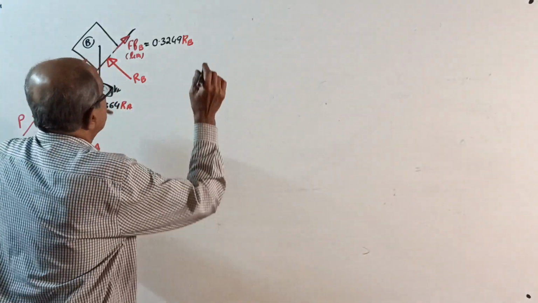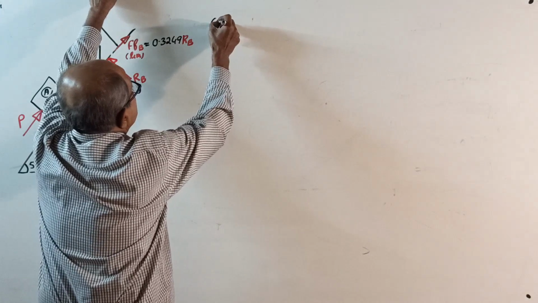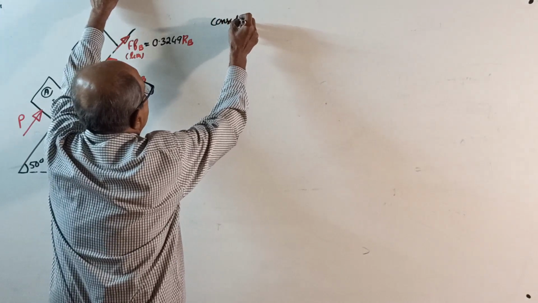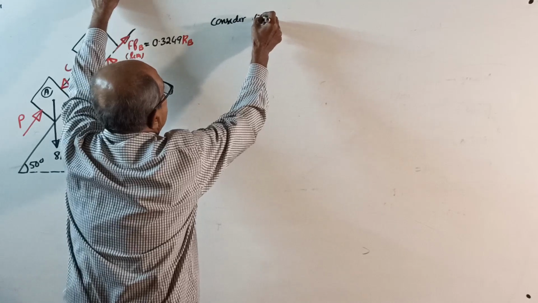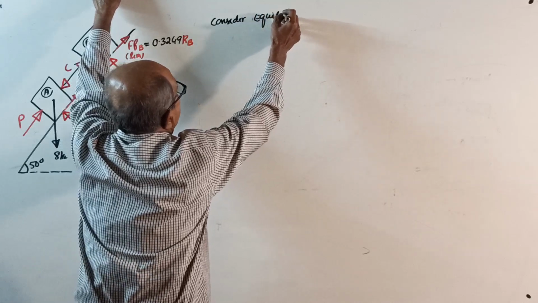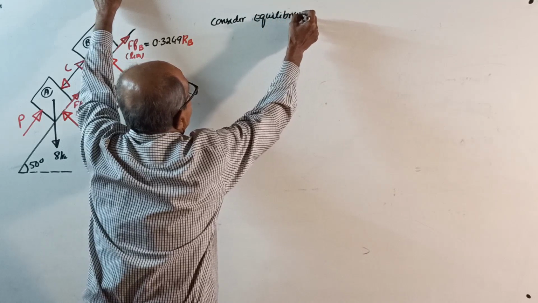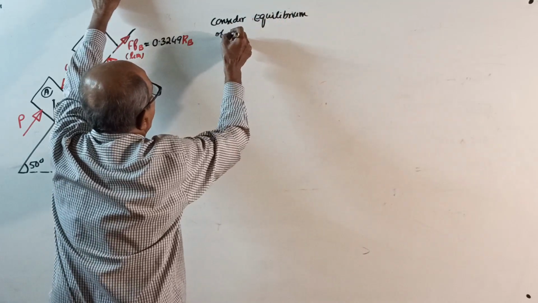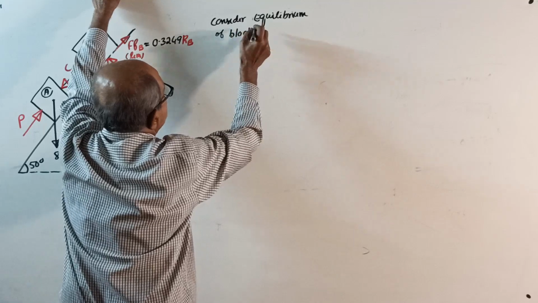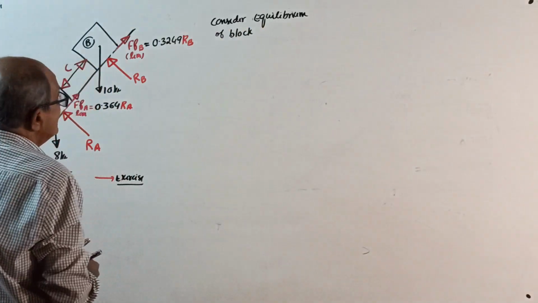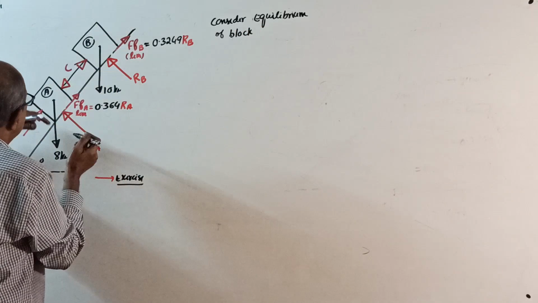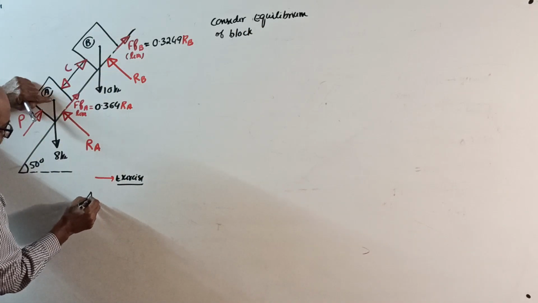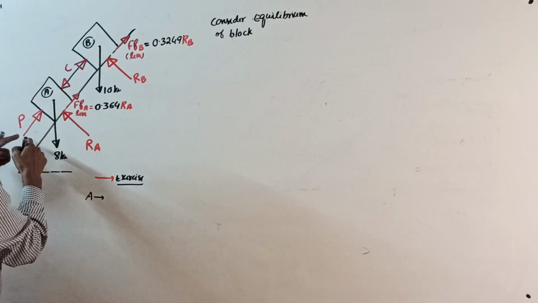Okay. First, consider equilibrium of a block. Which block? See, once again. For block A, how many unknowns?